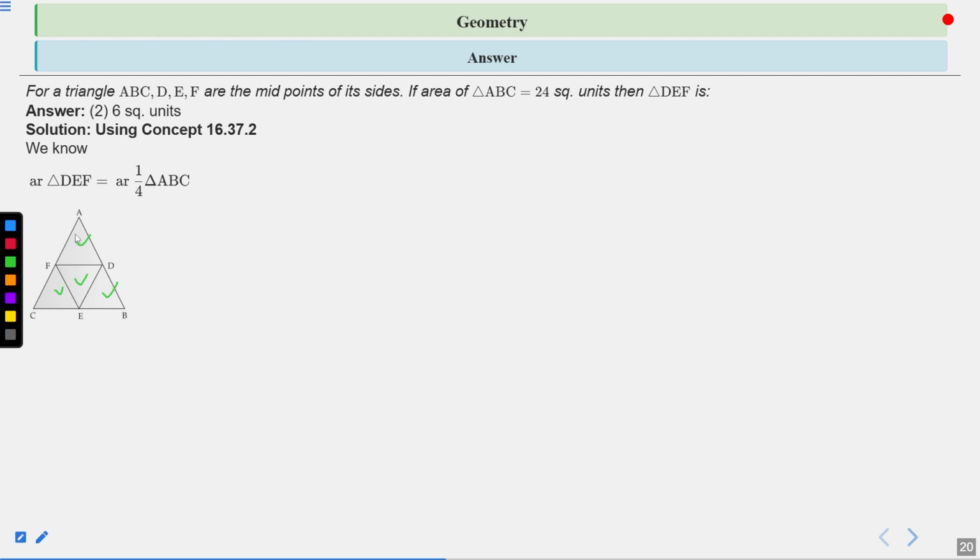So if we need to calculate any one area, it will be 1/4 of the whole area. So the area of triangle DEF will be 1/4 of the total area, and the total area is given as 24. Simplifying it, we get the area of DEF as 6 square unit. So second is the correct answer of this question. Next one.